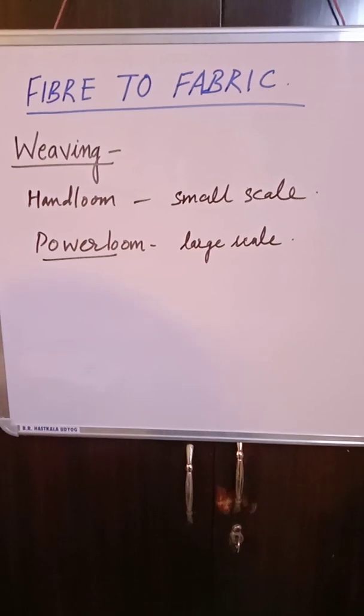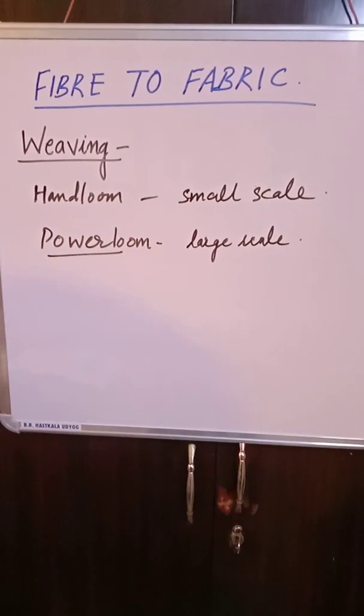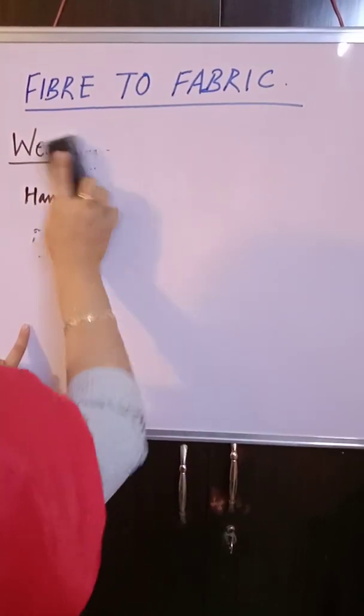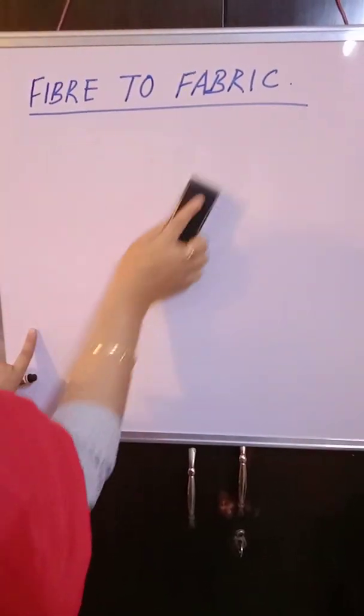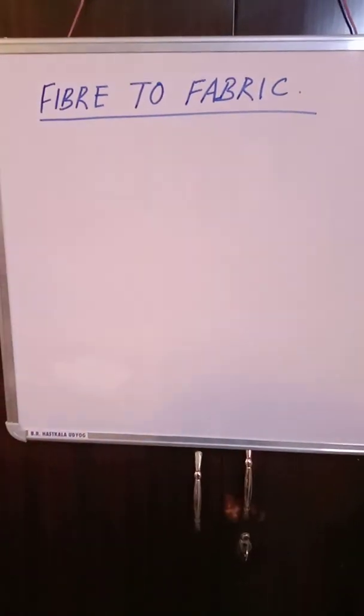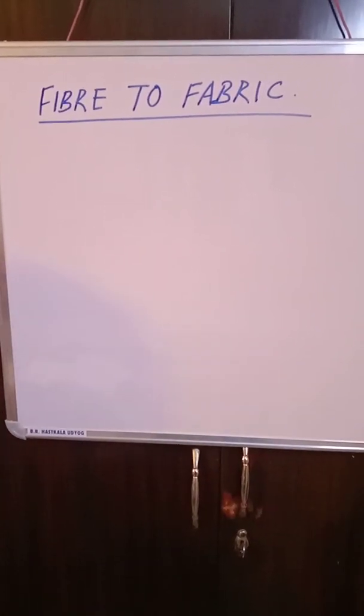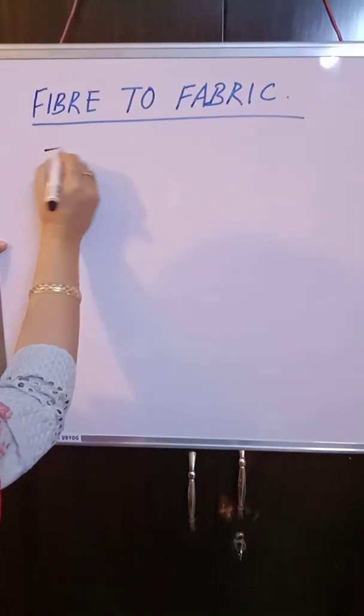One more type of fabric that we need to discuss right now is jute. There are many uses of jute. Jute is used for bags, rugs. There are many uses of jute.